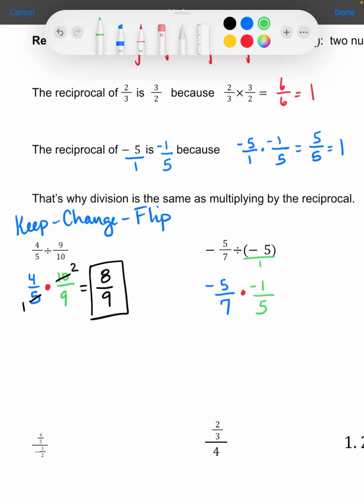So I could have put that in the bottom with the 5 if I wanted to. All right, so these are going to cancel out, and this is technically a negative 1, right? They technically cancel out to be 1s. So on the top, I'm going to have negative 1 times negative 1, which is positive 1, and 7 times 1, which is 7.